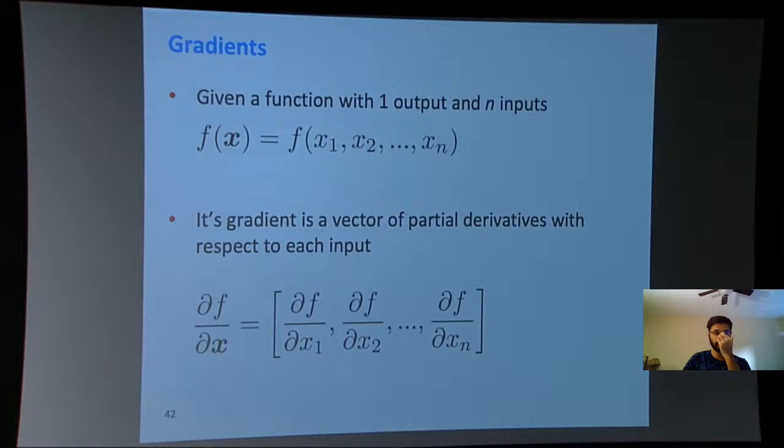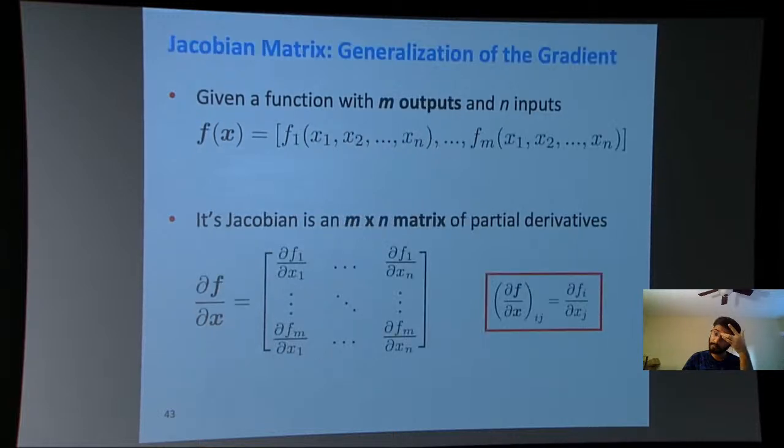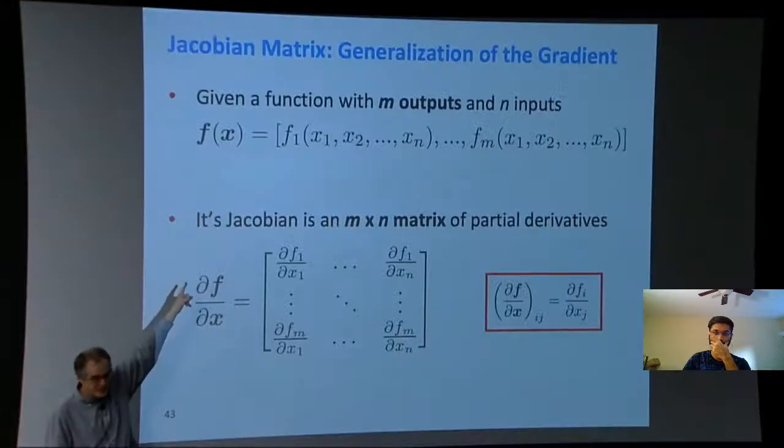Okay, so that's getting a bit scarier, but it gets a little bit scarier than that, because if we have a neural network layer, we then have a function which has n inputs, which are the input neurons, and m outputs. In that case, you have a matrix of partial derivatives, which is referred to as the Jacobian.